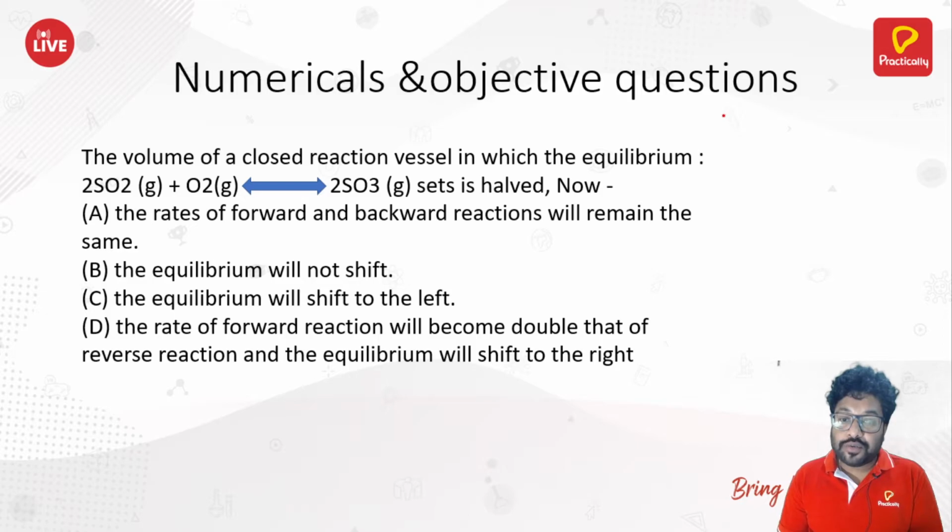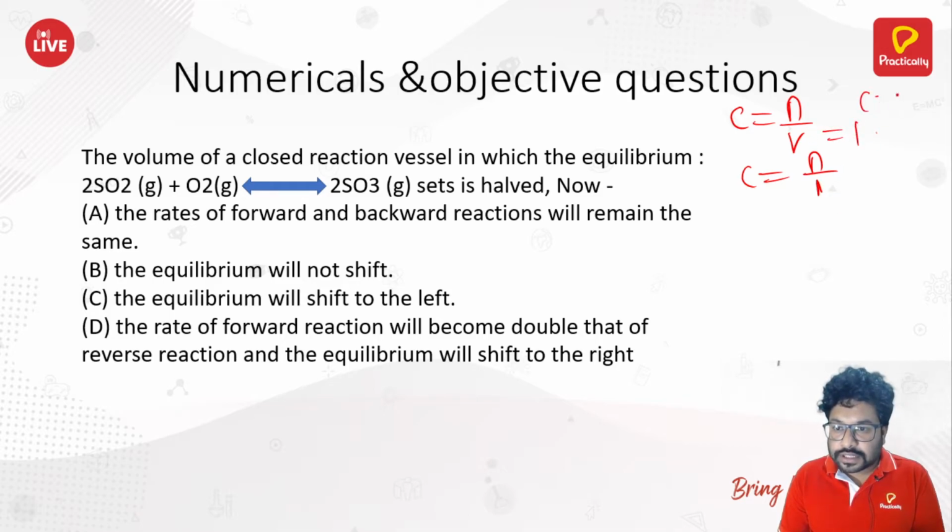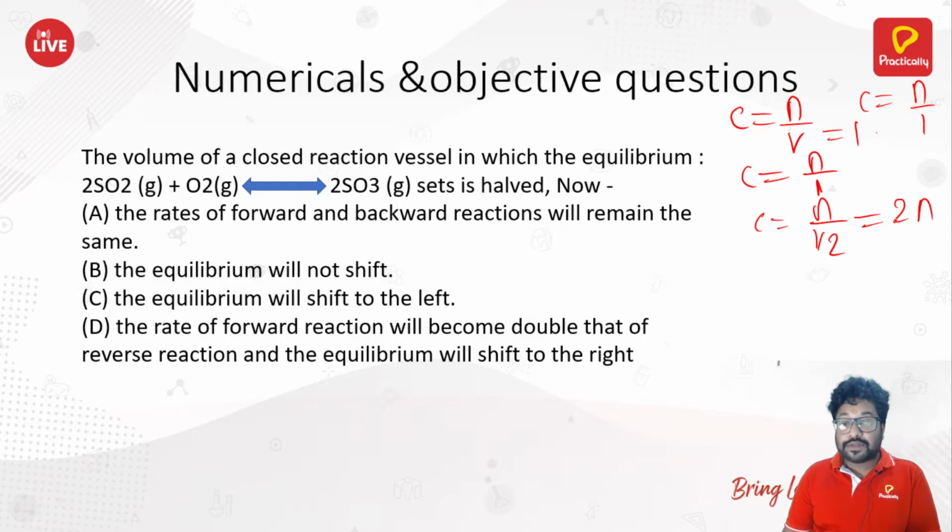So if the volume is halved, what is the concentration? Concentration is n by V. Suppose this volume is 1 liter. So your C is equal to n by 1. Now your C is equal to n divided by 1 by 2, so basically it is equal to 2n. So this was single n, and this is 2n.